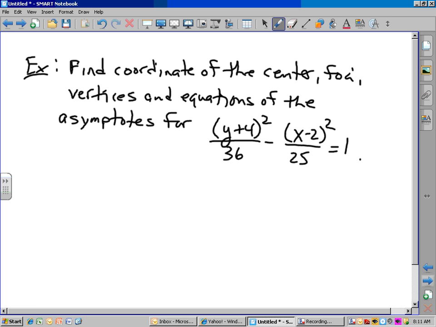Okay, there's three things that we get immediately from the equation. What's one of them? Center. Definitely get the center. The center is going to be negative 4. Whoops, I got that backwards. Got to be careful about that. Remember, HK, H always goes with X, so it's going to be 2, negative 4.